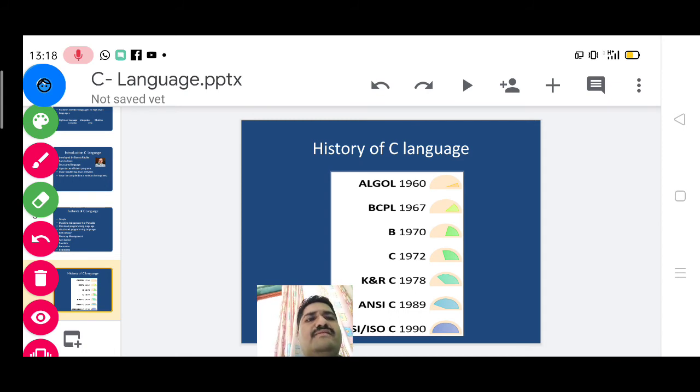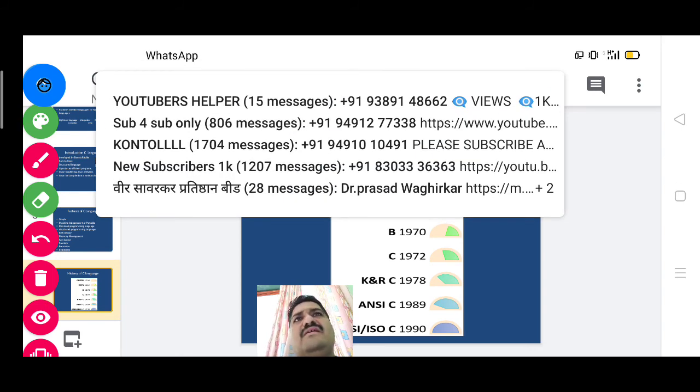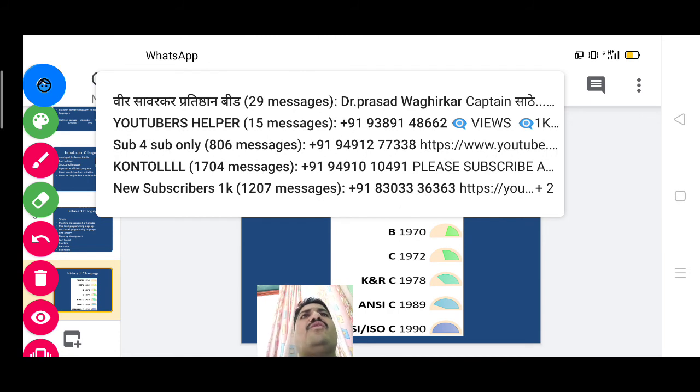C language evolved from three earlier structured languages called ALGOL, BCPL, and B. It uses many concepts of these languages and introduced many new concepts such as data types, structures, pointers, arrays, etc. In 1988, the language was formalized by ANSI, the American National Standards Institute.